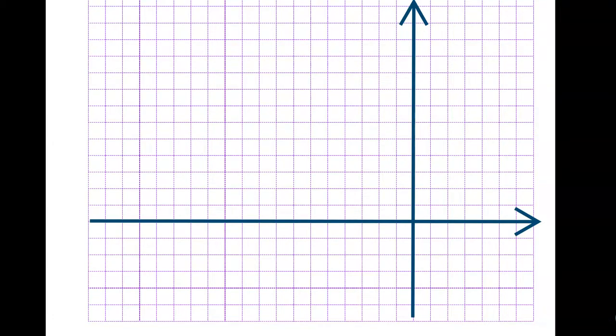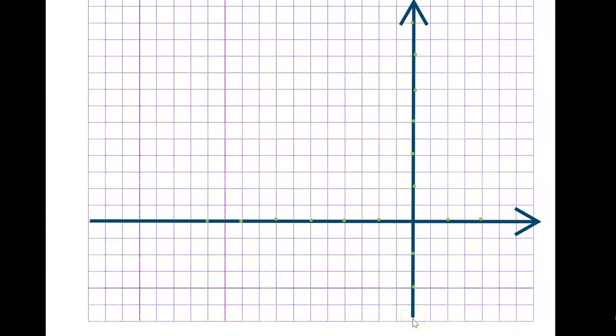So the scale I'm going to get is 1, 2, okay, so this is -1, -2, -3, -4, -5, -6. And here I should have 1, 2, 3, 4, 5. There should be 6. I will have 1, 2, and here should be my 3, right?